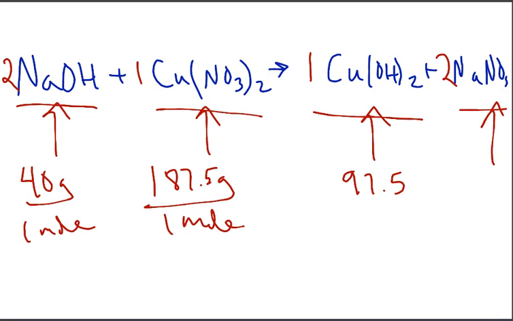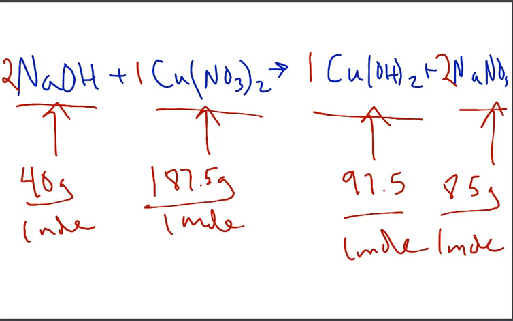And sodium nitrate is around 85. So this would be the answer to A, the balanced chemical reaction, and B would be all of these. All right, let's look at the next part.